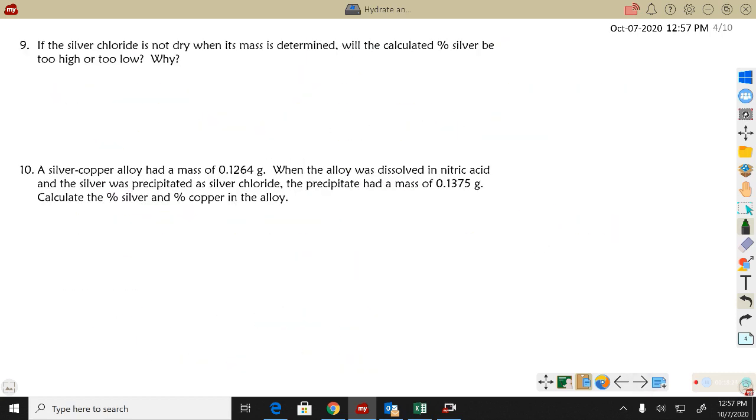And so if I'm explaining that in 9, we could maybe say something about the mass of silver chloride. Obviously, first I could say it's going to be too high.